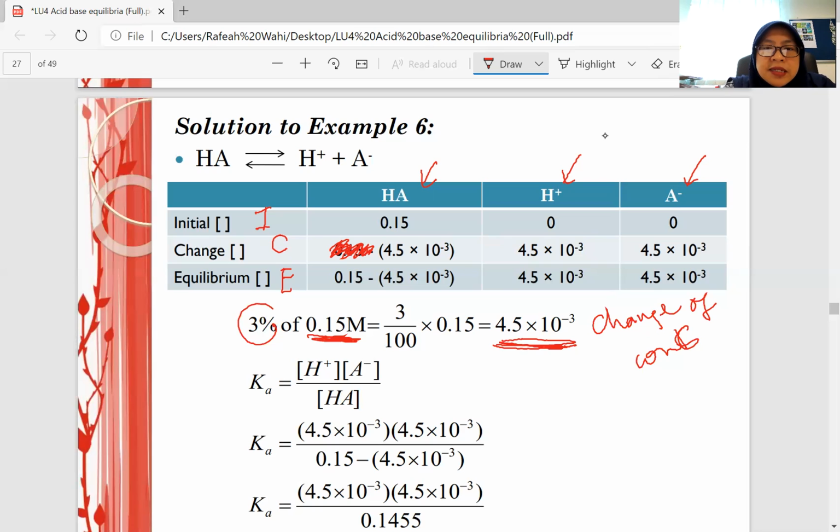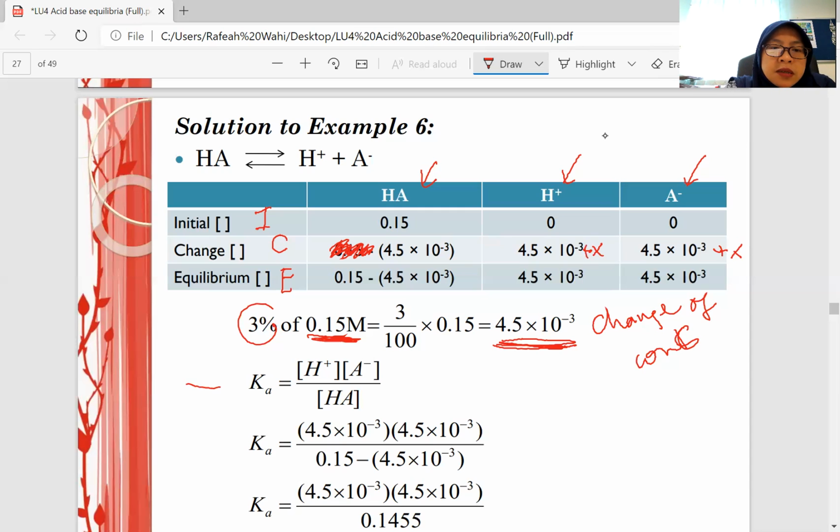Okay, so this is the equilibrium concentration of HA. And we know that you already have plus X here and plus X here. So you get the final or equilibrium concentration for both the H plus ion and the conjugate base.